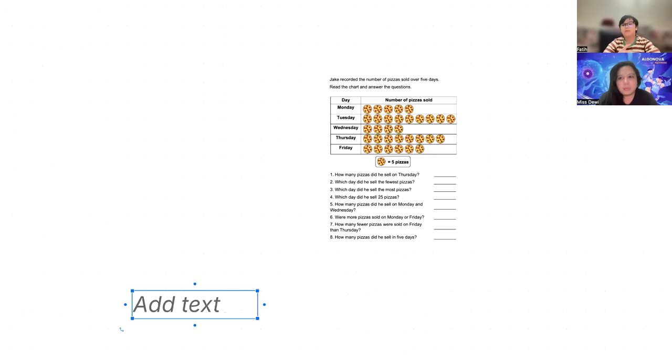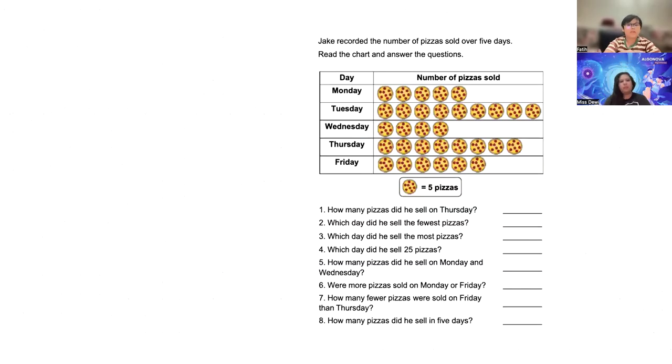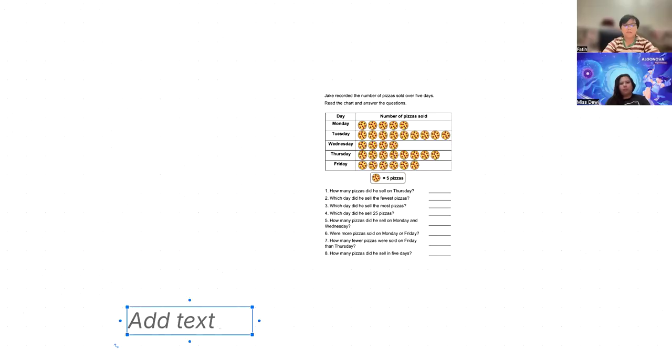You can do it on your paper, or if you want to do it in here, also nice. Remember that you need to read each piece of information in a very detailed way.